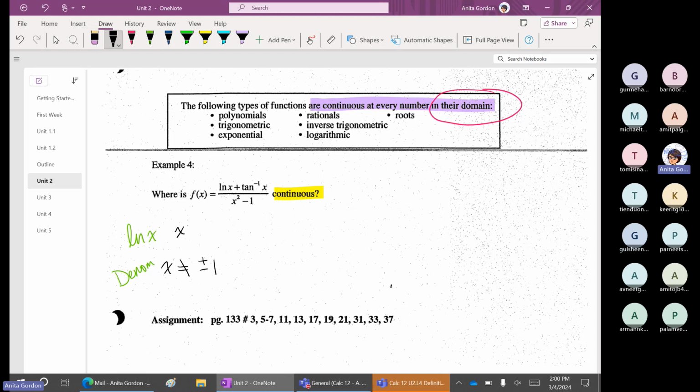Remember what an exponential looks like? The log is the inverse of an exponential, reflected over y equals x.